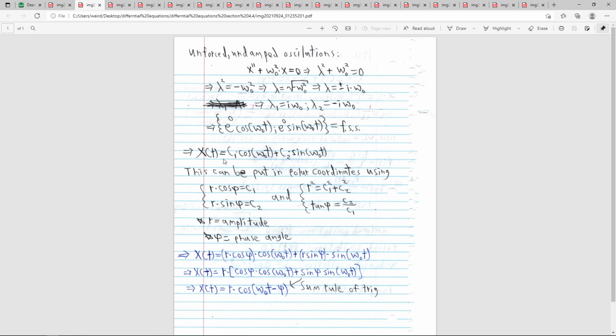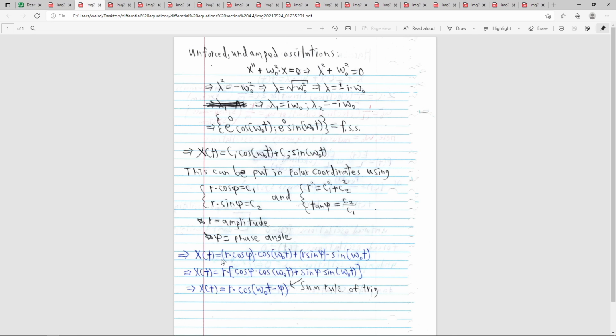It's old school algebra and some trig ideas, with polar coordinates from calc. We have r times cosine of our angle equals c1, and r times sine of the angle equals c2. We also have r squared equals c1 squared plus c2 squared, and tangent of the angle equals c2 over c1.